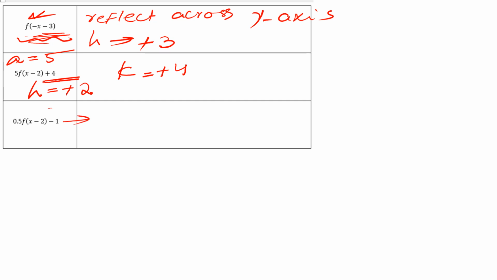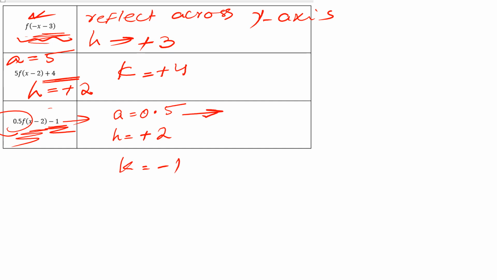Let's do this one. Now outside 0.5, that means A is 0.5. Inside x -2, so h is written. Take opposite sign, so +2. Outside -1 is written, which means take the same sign. Now here vertical compress, because it is less than 1.